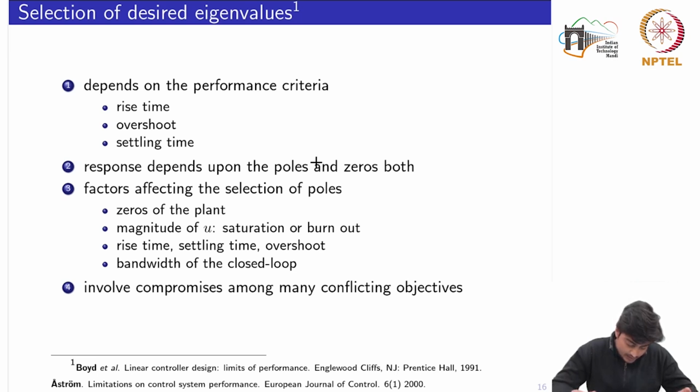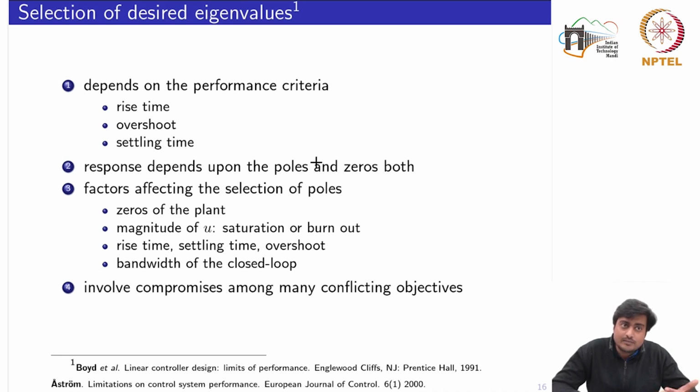The second point is the magnitude of U, which takes into account saturation or burnout. This point is more from a practical point of view. If you have a certain plant, those plants are actuated by some actuators, and we take measurements with the help of some sensors.